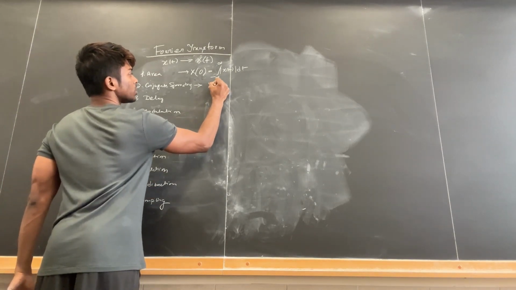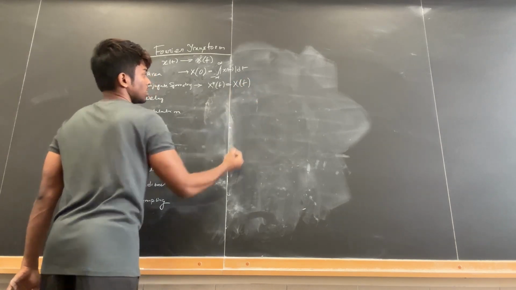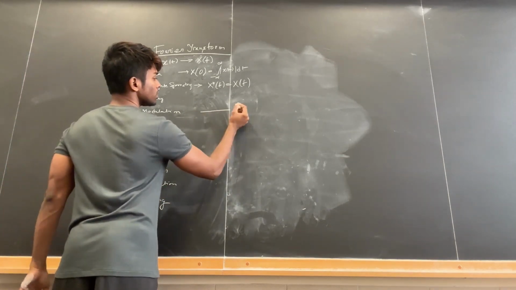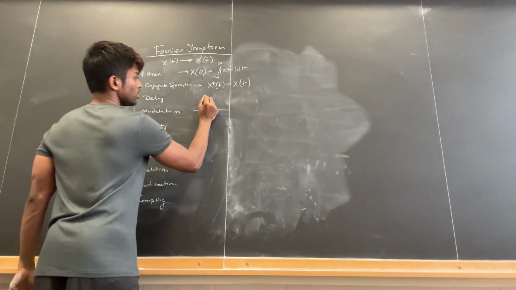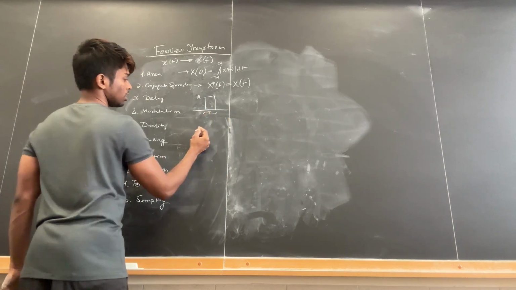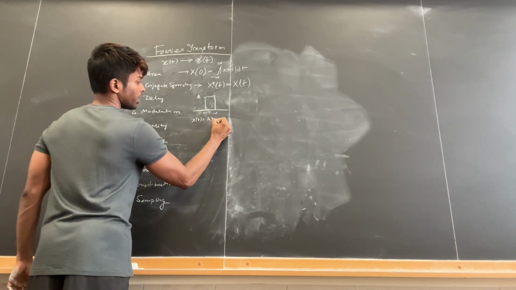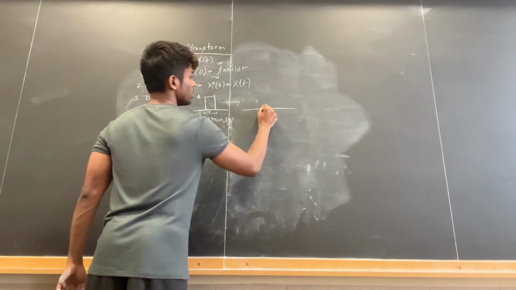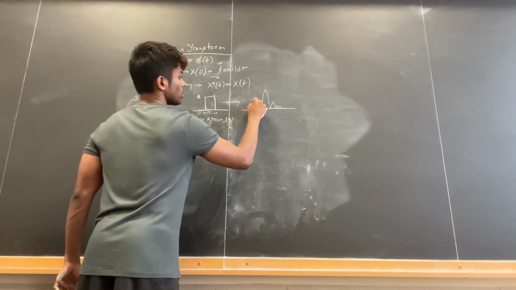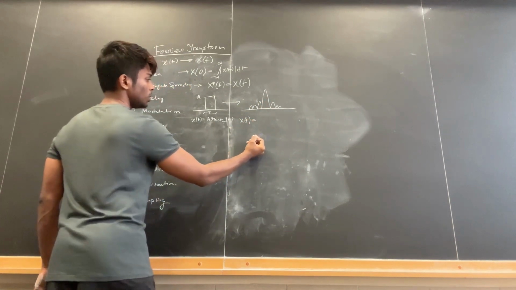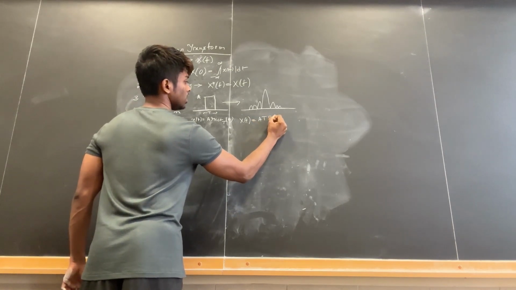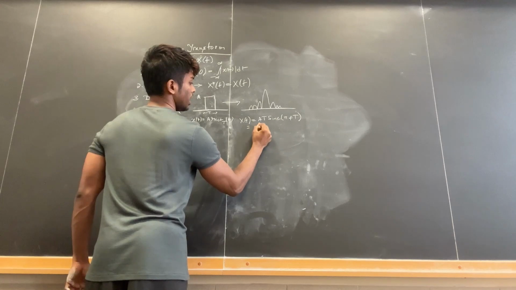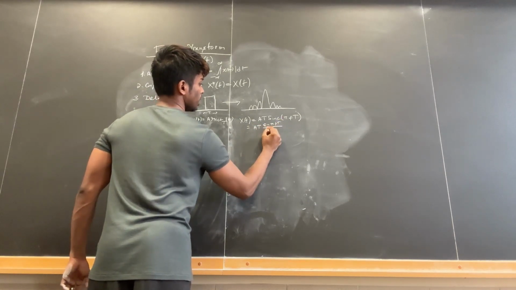That means the conjugate of the Fourier transform X(f) is equal to X(-f). For example, if we take the Fourier transform of a rectangular signal with amplitude A and time period T, we define it as x(t) equal to A rect(t/T), and its Fourier transform gives us a sinc signal, which is X(f) equal to AT sinc(πfT), which is basically AT sin(πfT) divided by πfT.